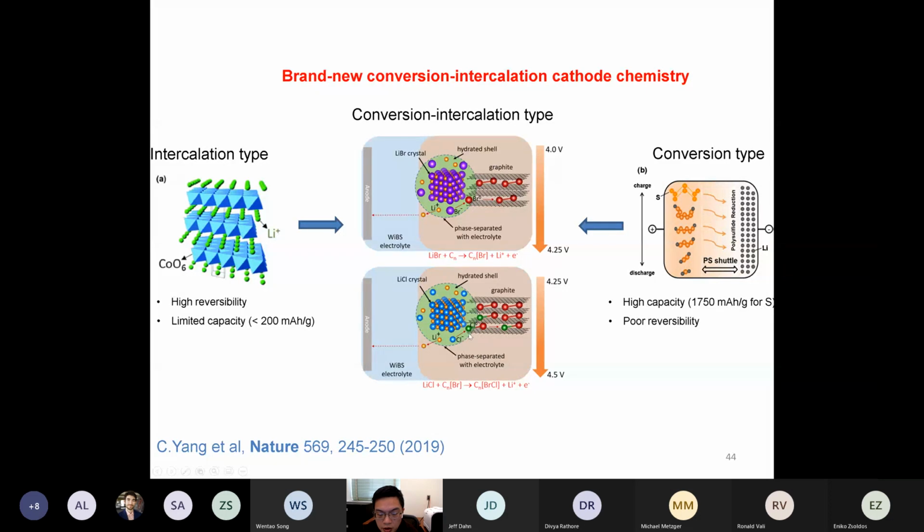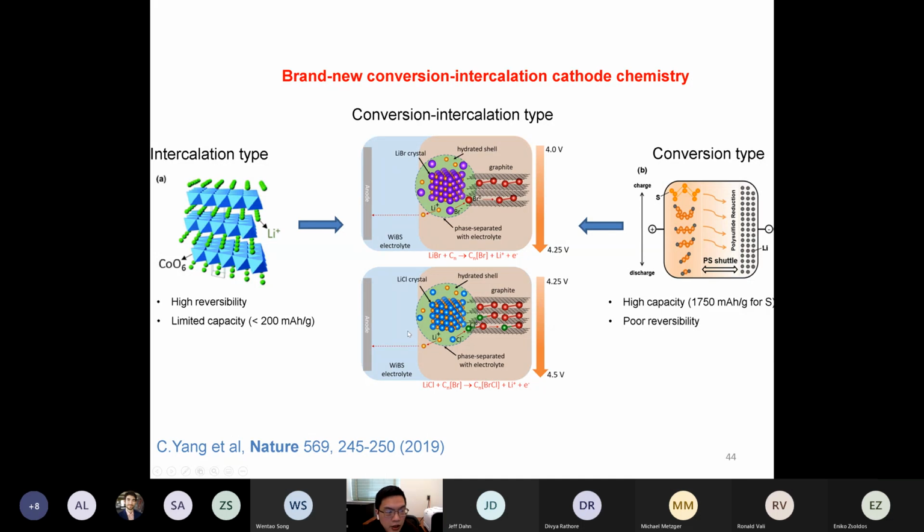The same story here: the chloride is oxidized to chlorine and continues to intercalate into the graphite. In the end, after we consume all the lithium bromide and lithium chloride salt, the whole graphite becomes a stage 1 graphite intercalation compound. And it's totally reversible during discharge.